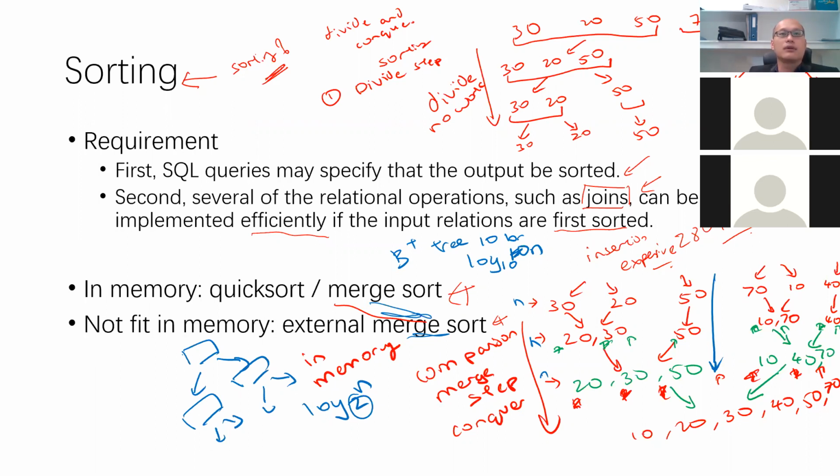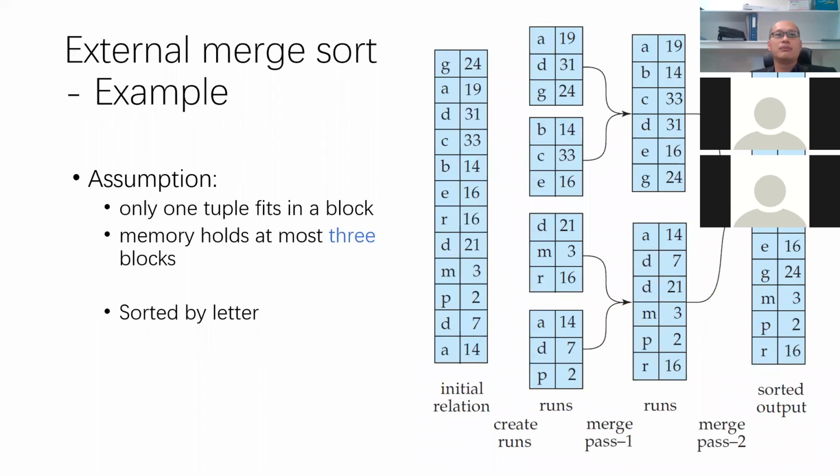What I really want to talk about is the external merge sort. Merge sort, as I said earlier, is a sorting algorithm that is in memory, but external merge sort means that your data cannot fit into memory.